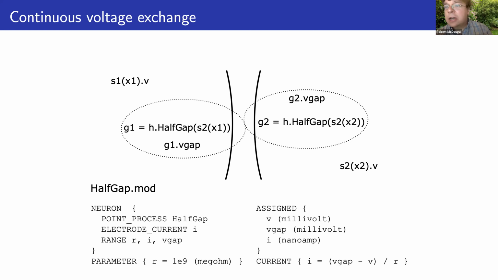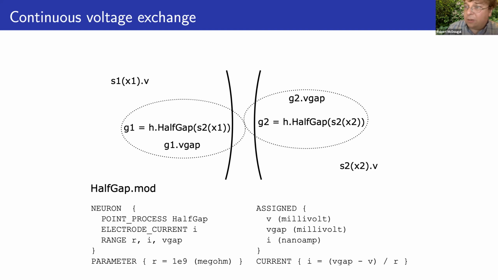If you happen to know that everything is local, you can skip all of this parallel context bit for that which is local. If you have a small subset of cells that are communicating using gap junctions, and you could put all of those into one processor, then you wouldn't need to communicate every single time step because you wouldn't need to use the parallel context infrastructure. But in general, that's not going to be the case.